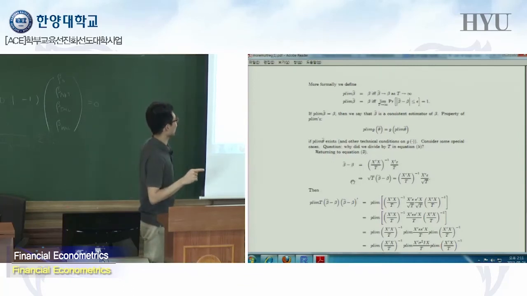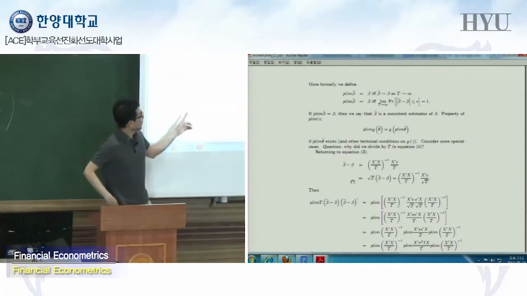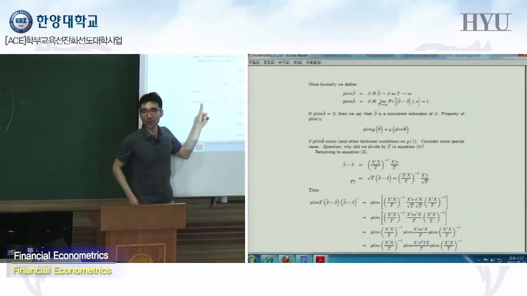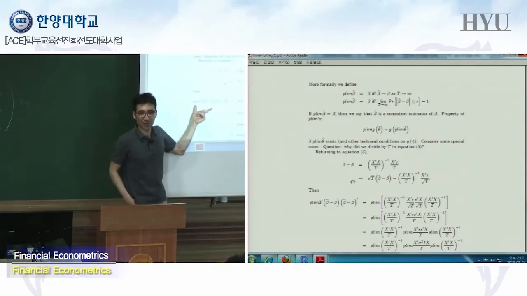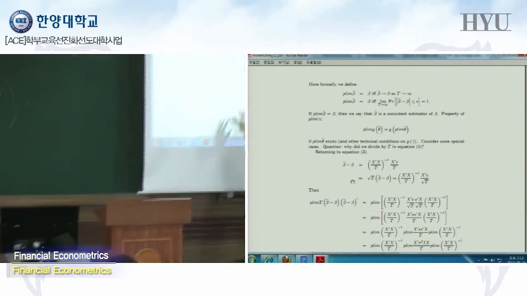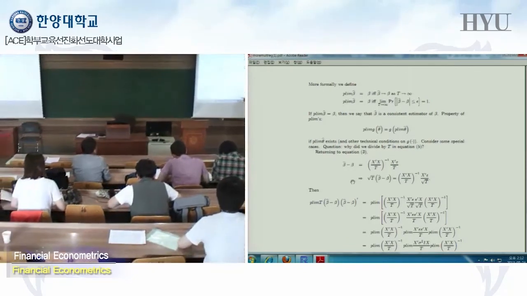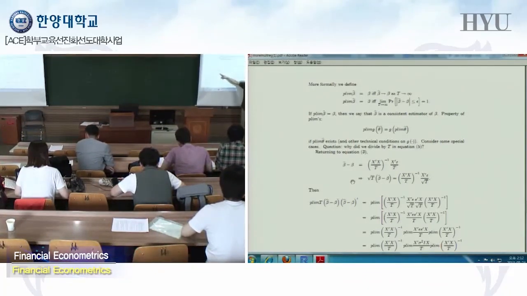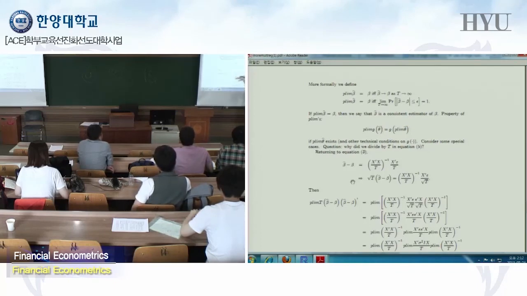Basically this is similar to calculating a variance covariance matrix. It is not exactly the variance covariance matrix, but it is similar. So the probability limit of T times beta hat minus beta squared is basically the multiplication of this one two times: this one multiplied by the transpose of this one.